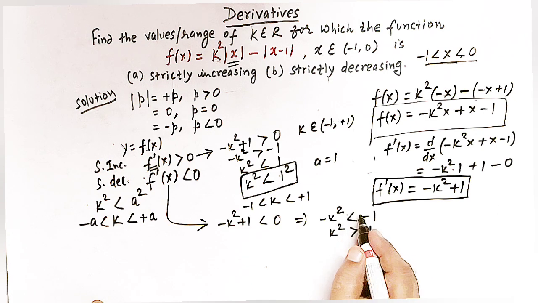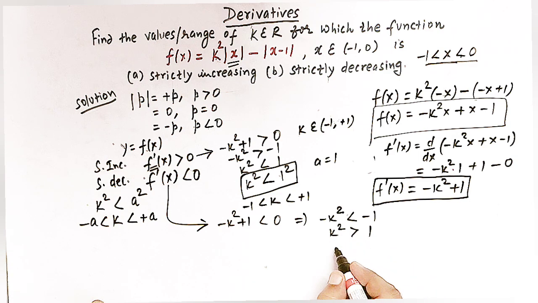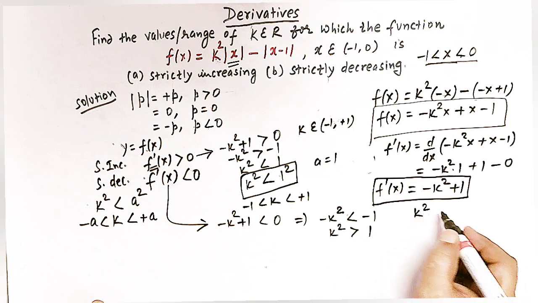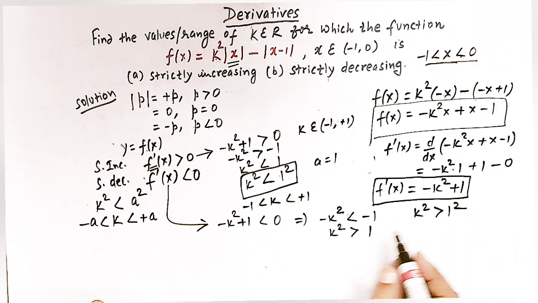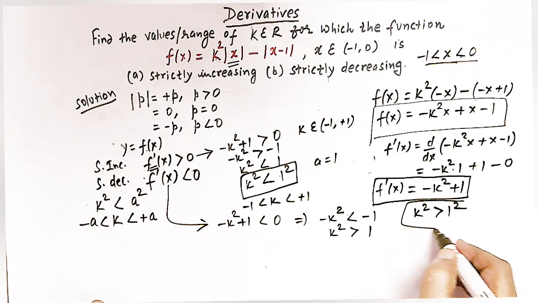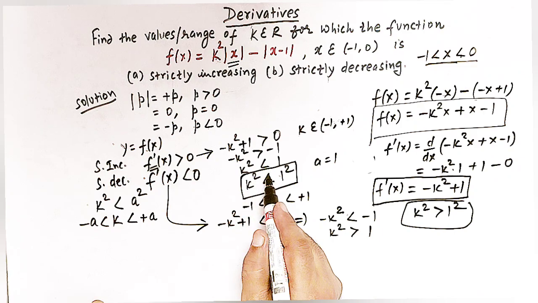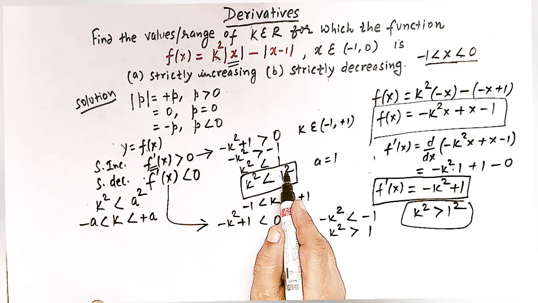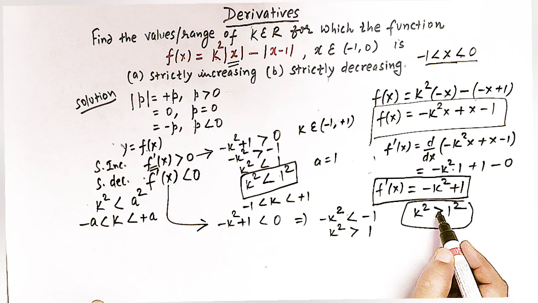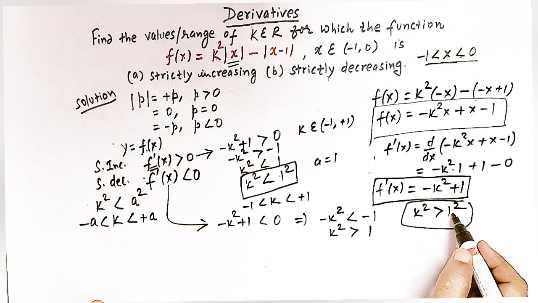So again, the direction of the inequality gets changed. So we have k square greater than 1, which can also be written as k square greater than 1 square. Now to solve this inequality, here we had k square less than 1 square or 1. Here we have k square greater than 1 or 1 square.